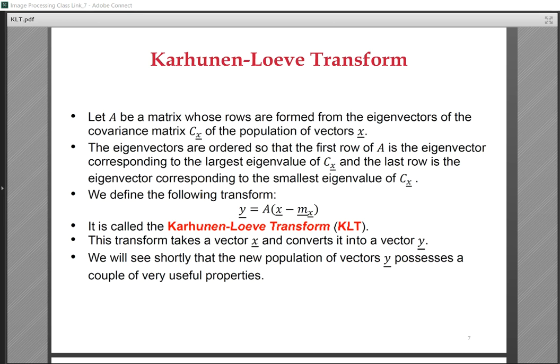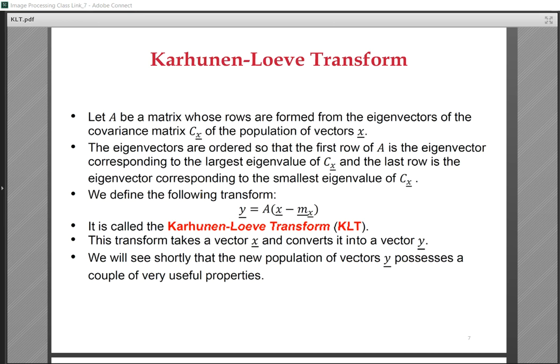That's right. Let A be a matrix whose rows are formed from the eigenvectors of the covariance matrix Cx. We spoke about Cx. This Cx is a symmetric matrix and has some eigenvectors. For example, for n by n, it has n eigenvectors. What is A?